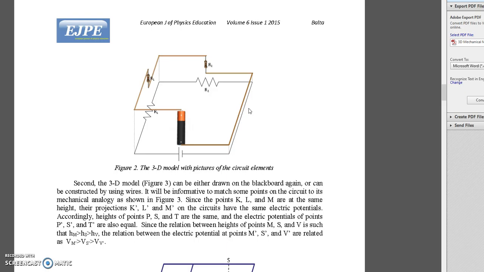I have to say it's something that's not really discussed in the literature, or perhaps it is and I'm just not aware of it, and that is these models for electrical phenomena and what the limitations of these models are, the dangers of them and the potential for misconceptions. So this is a gravitational model for electrical circuits.